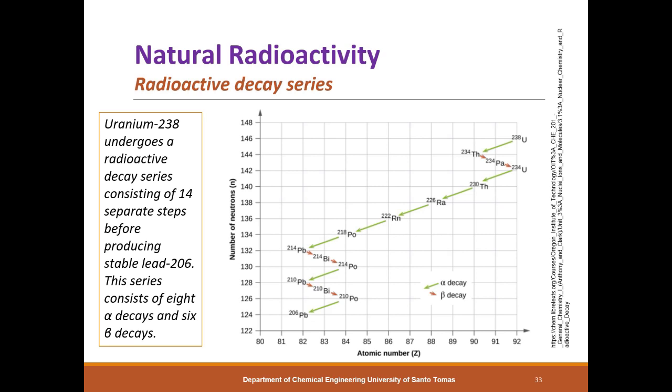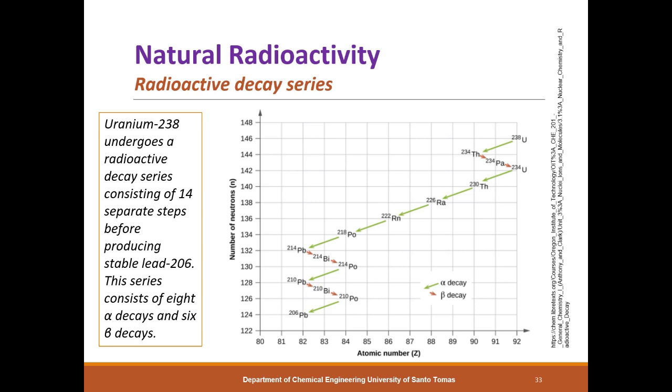Each series is characterized by a parent or first member that has a long half-life and a series of daughter nuclides that ultimately lead to a stable end product that is a nuclide on the band of stability. In all three series, the end product is a stable isotope of lead.